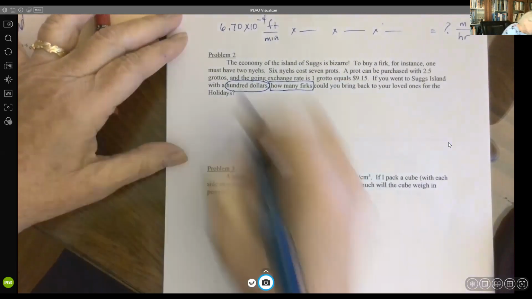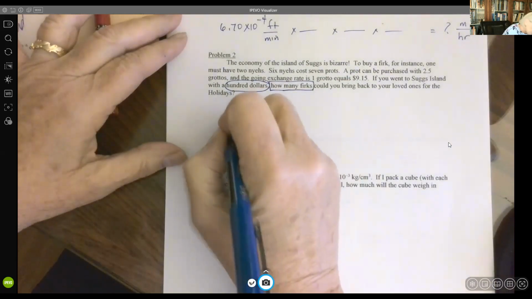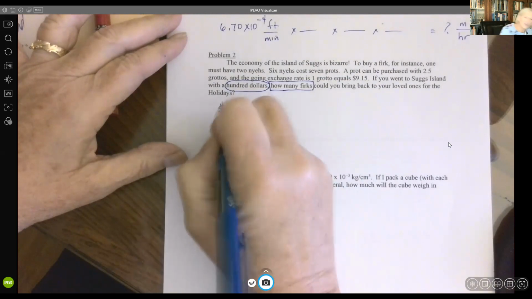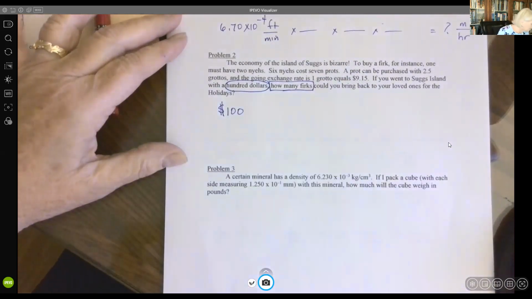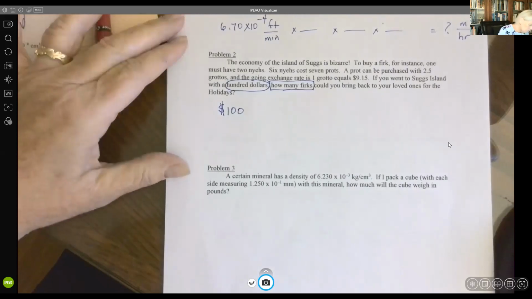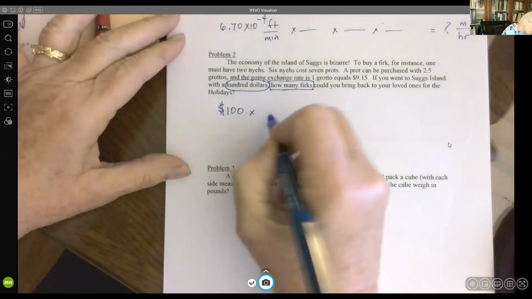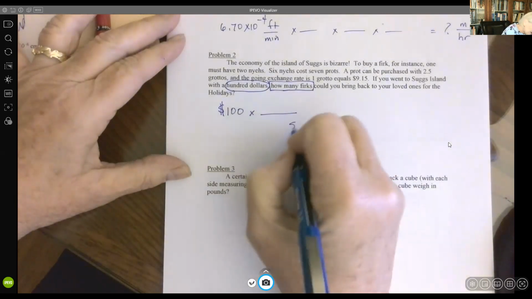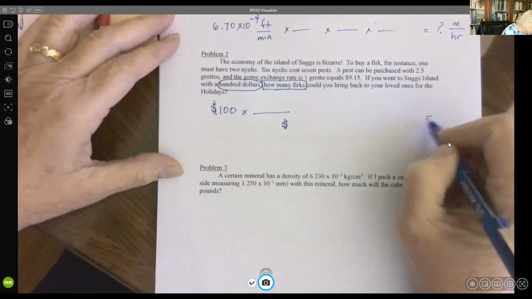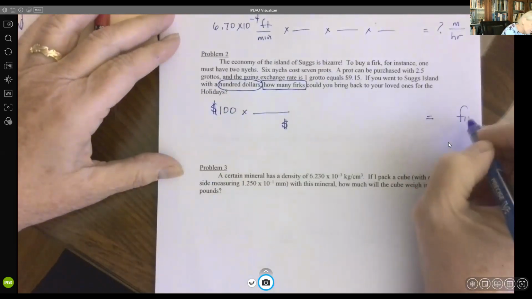Can you see that you start with the number $100? That's like the unit, and I'll assume that $100 is counted. I'll assume it's a counted number and unit. Now, you want to convert dollars to something else. And you want to do that over and over again until you get only Ferks.